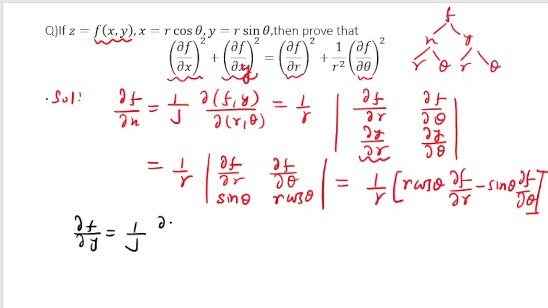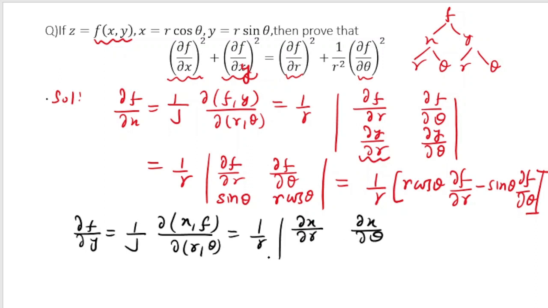In place of y we have to put f, so x stays in the first place and then f, over ∂(r,θ). Now 1/J is 1/r, and here I write ∂x/∂r because x comes first, then ∂x/∂θ, and then in place of f, ∂f/∂r and ∂f/∂θ.